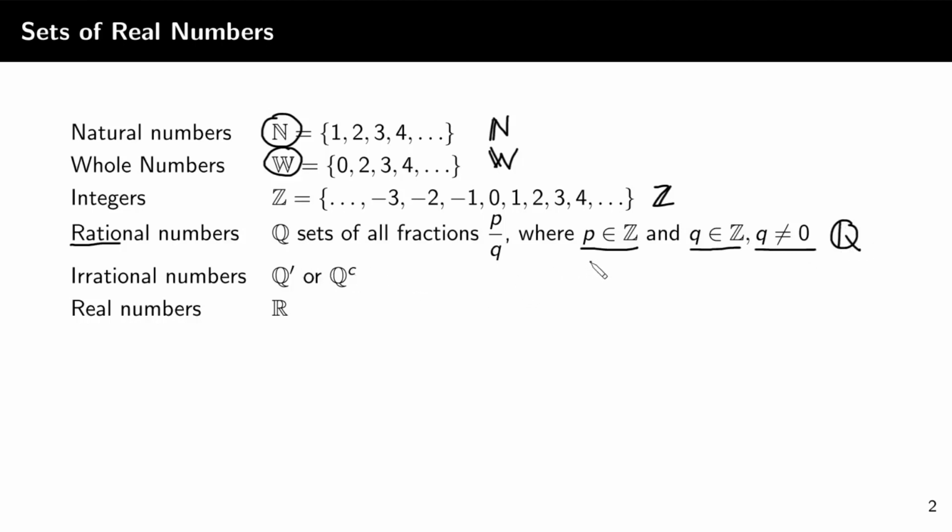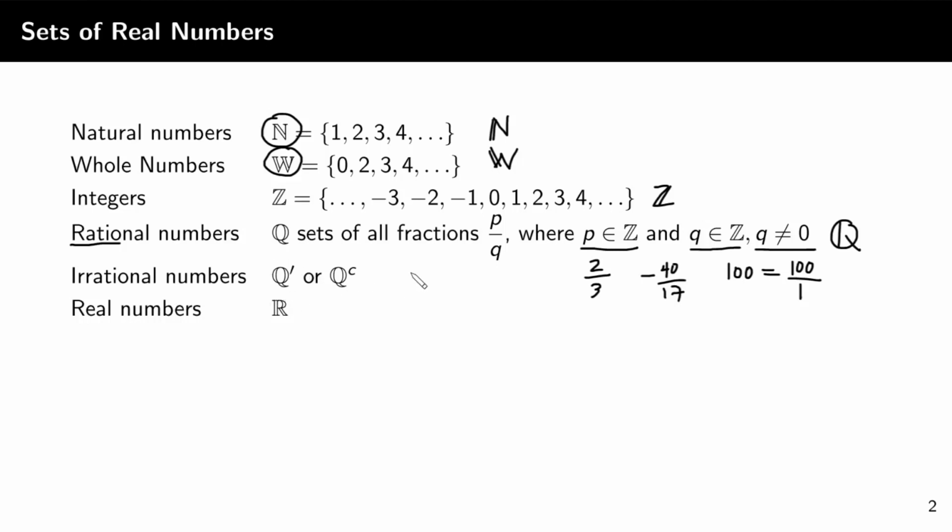So, for example, the number 2/3 is a rational number. Negative 40/17 is also a rational number. Any integer, for example, 100 is a rational number because we can write 100 as 100/1. And then we have the irrational numbers. So we have two notations for that.